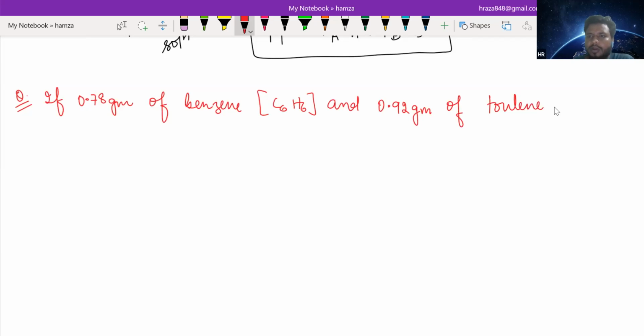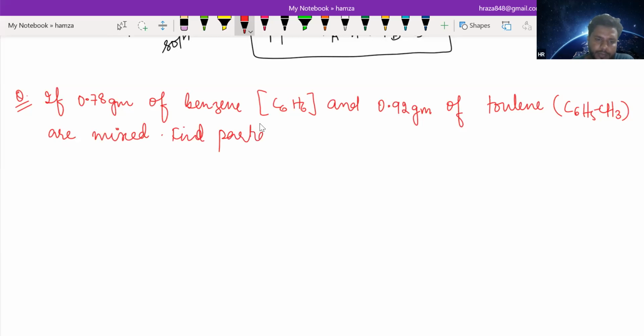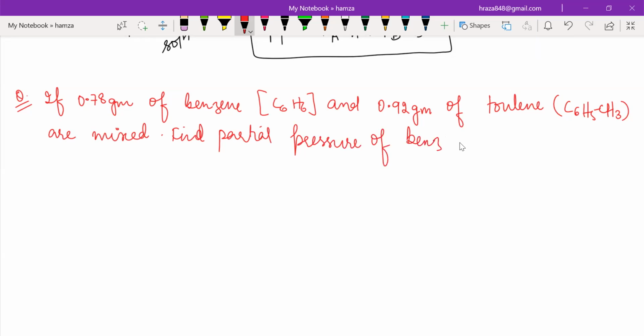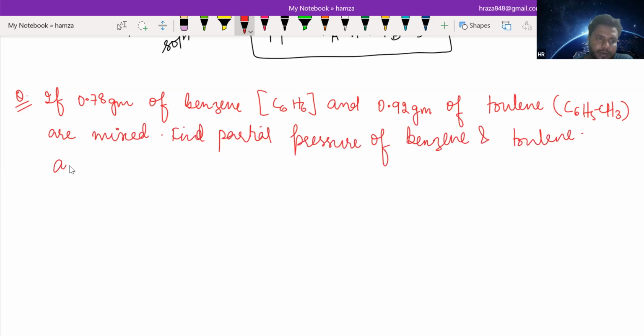Toluene has the formula C6H5CH3. They are mixed. Find the partial pressure of benzene and toluene, and also the total pressure.